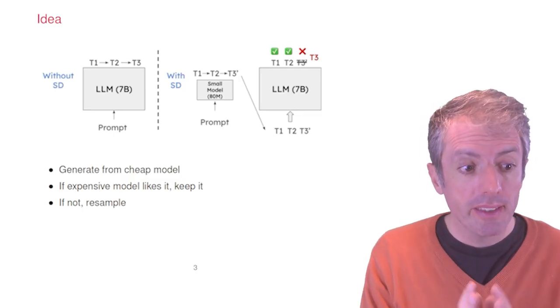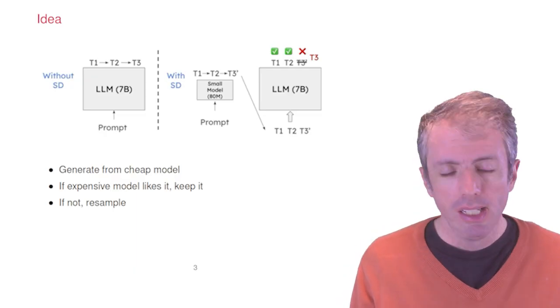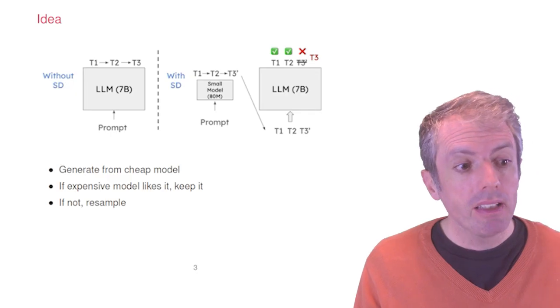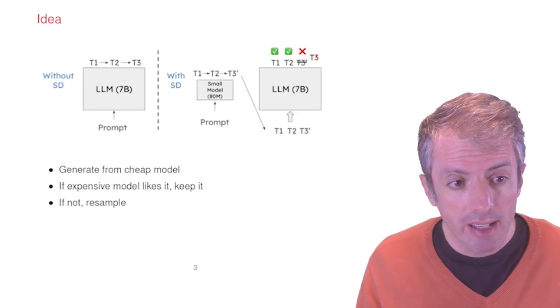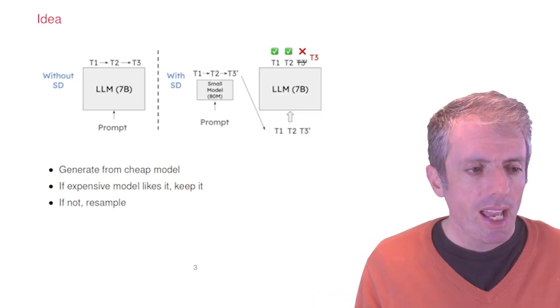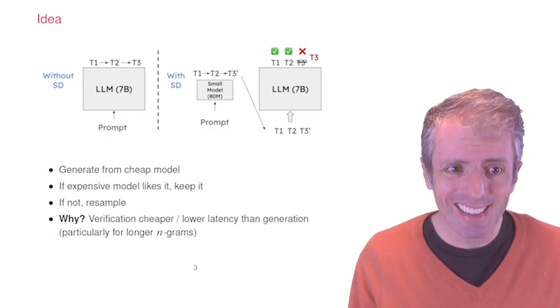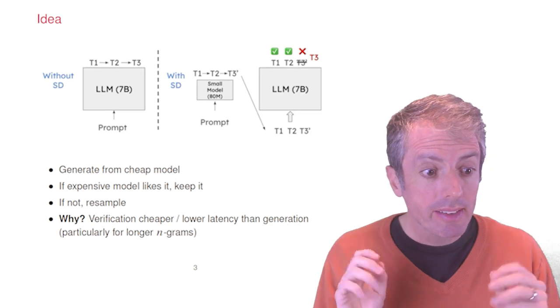The way that this works is that if we were using just one giant model, we'd use it to generate every single token. But with speculative decoding, we now give the same input to a smaller model, it generates some output, and then we ask a larger model, how much do you like this output? And why do we do this?